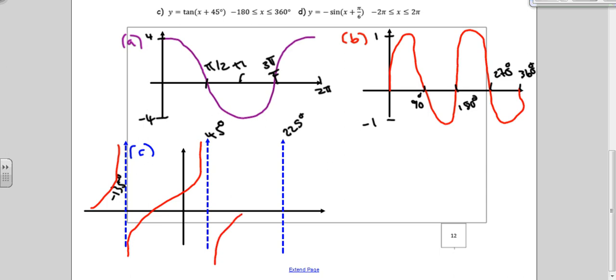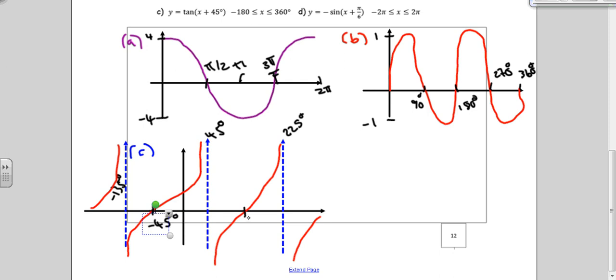And again, like that. So that means usually we would cross our x-axis for the first time at 0, but now we're crossing it at minus 45 degrees.